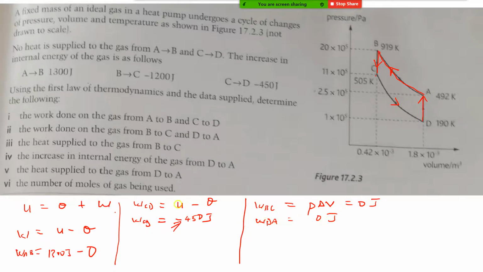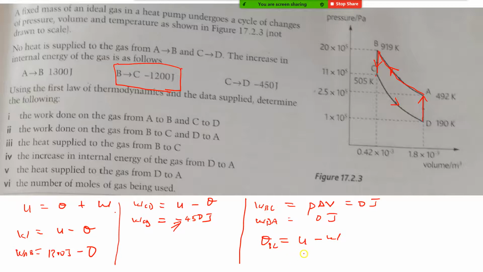Now if they ask us what is the heat supplied to the gas from B to C, we've got the internal energy from B to C. So all we need to use now is our equation for the first law of thermodynamics. So Q from B to C: when I transpose that equation, I get that internal energy minus the work is equal to the heat energy.